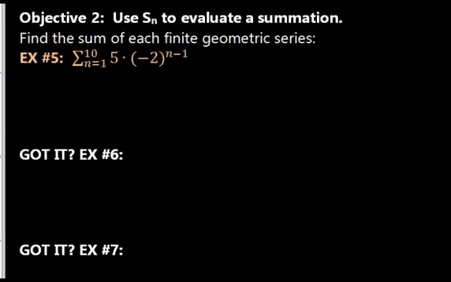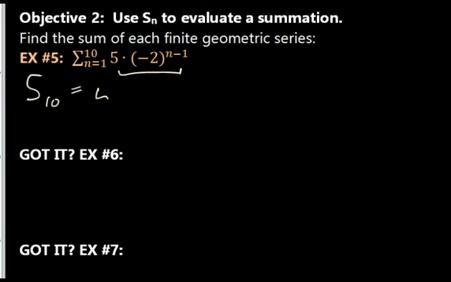We are given a summation already, and all we need to do is go ahead and use our S sub n formula. In this case, our n is 10. So we're going to find the sum of the first 10 terms of our listed geometric series.